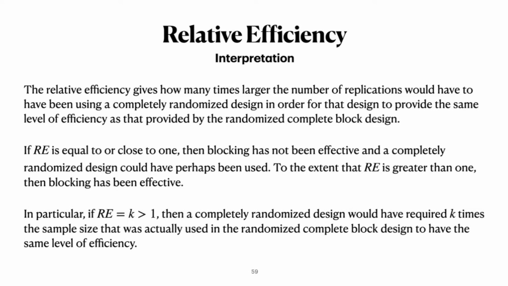Let me say that again. If the relative efficiency is equal to K, then a completely randomized design would have required K times the sample size that was actually used in the randomized complete block design to have that same level of efficiency.